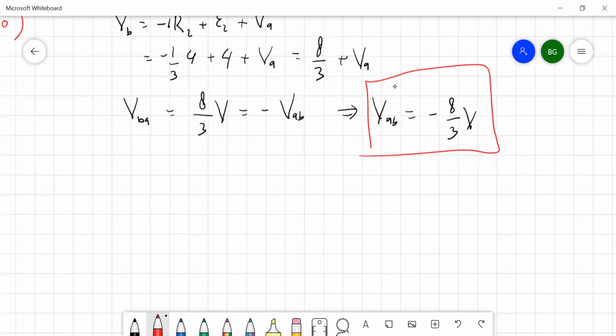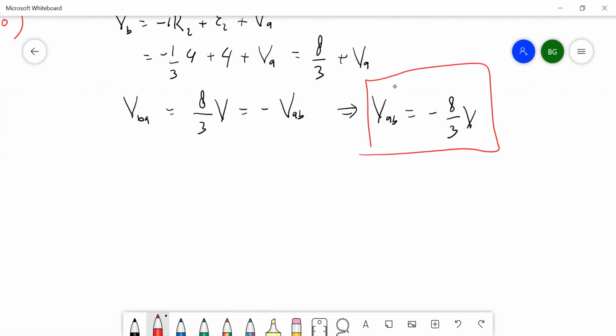So how about the charge? The charge in the capacitor, you just use C times phi. Yeah? Okay. So this equals C times phi. This is phi BA, let's say, positive 8/3.